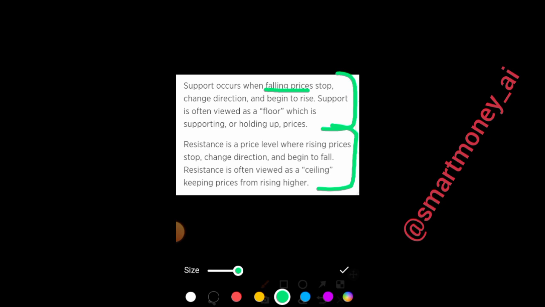So as you can see, the exact opposite of support is resistance, and vice versa. Let's have a whiteboard illustration. After that, I will give you some scenarios and then we move to the types of support.